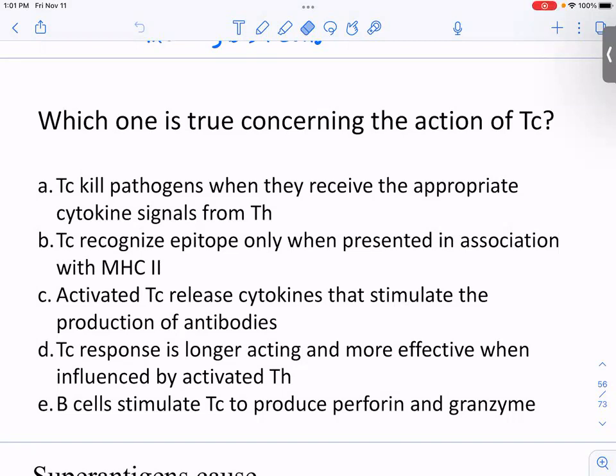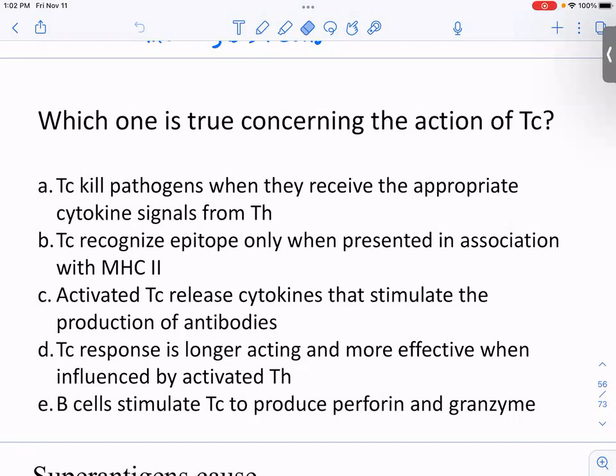All right, so when I'm making up questions for exams, it's very easy for me to throw in a lot of words that sound like they might be right. This was one of the things we covered last time: how cytotoxic T cells are activated and what they do once they're activated.